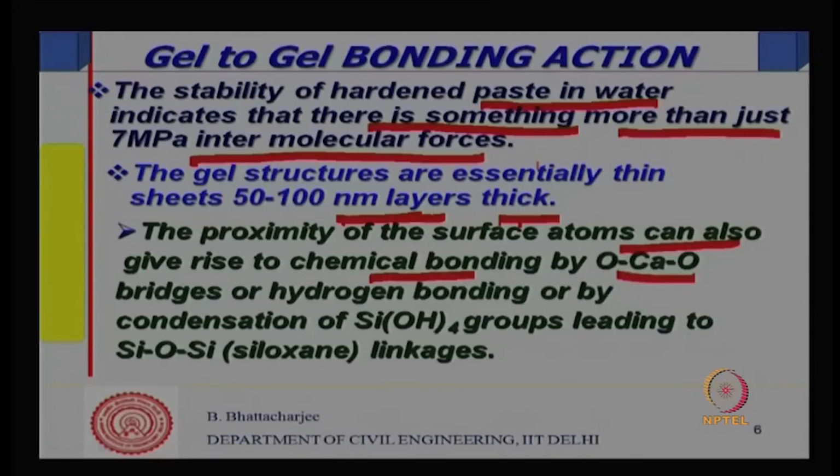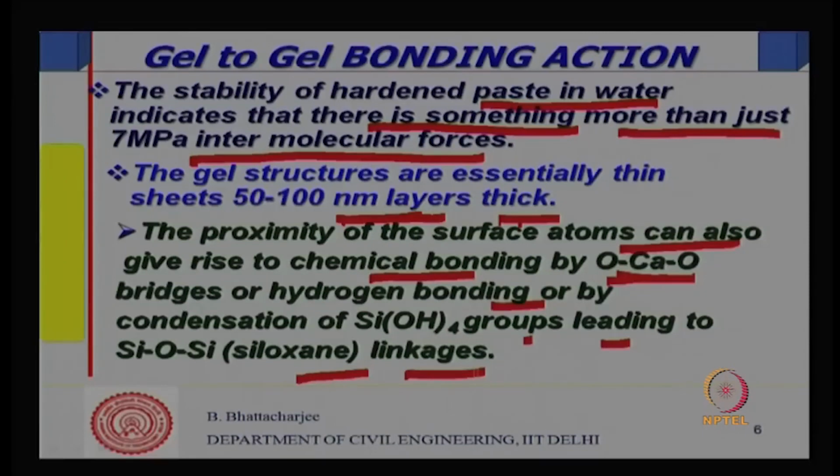One of the ideas suggested is that surface calcium to oxygen bonding might be there between gel sheets, or hydrogen bonding, or condensation of silicon hydroxyl Si(OH)4 groups leading to Si-O-Si linkages.